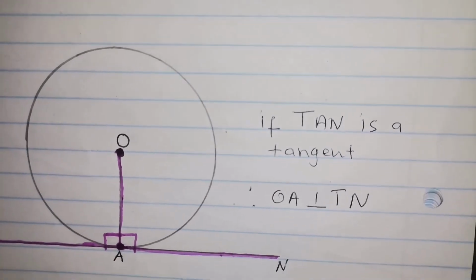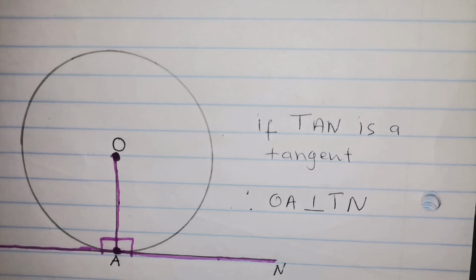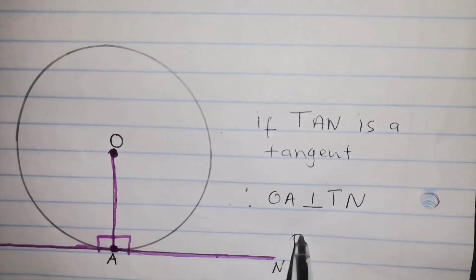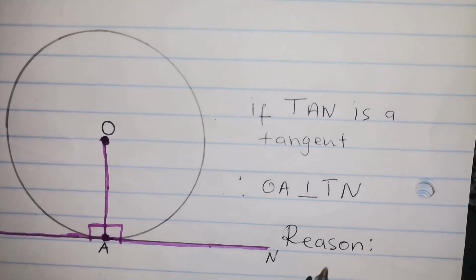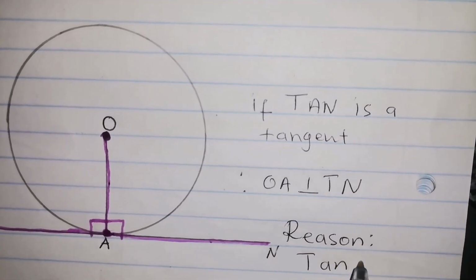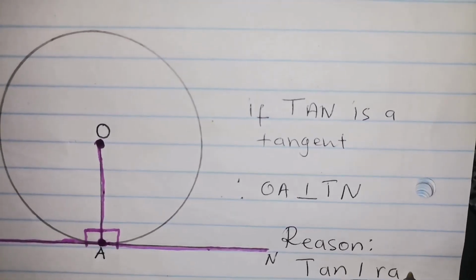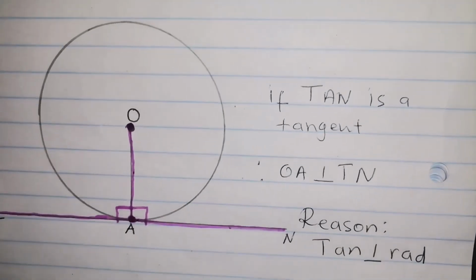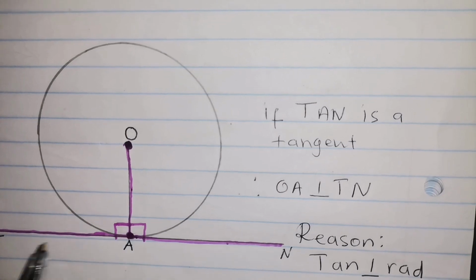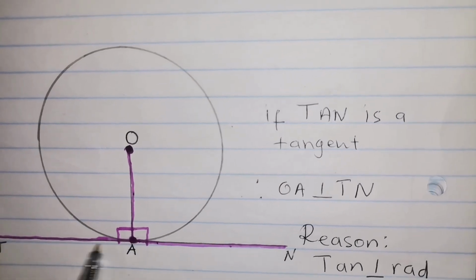Why? The reason you can use for this theorem is: tangent perpendicular to radius, if and only if we have a radius that is perpendicular to the tangent.